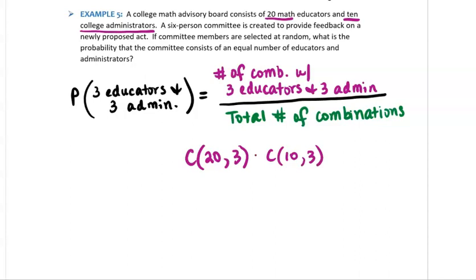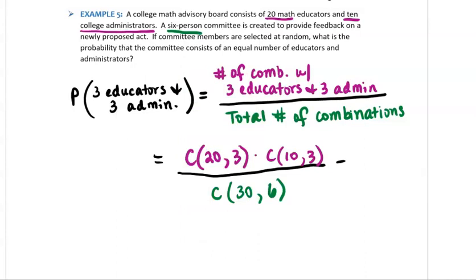So we would have those combinations in the numerator. Then we would like to divide by the total number of combinations altogether. So if we combine all of these people into one group, altogether we have 30 people, 20 math educators and 10 college administrators, and we are selecting 6 in general to sit on this committee.